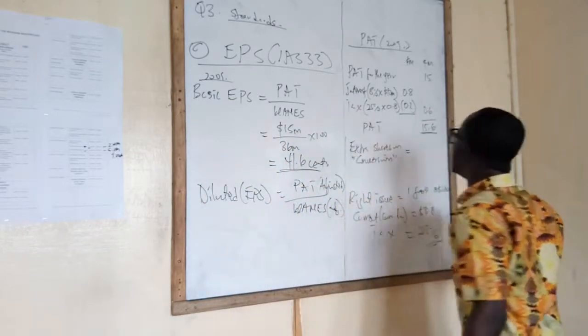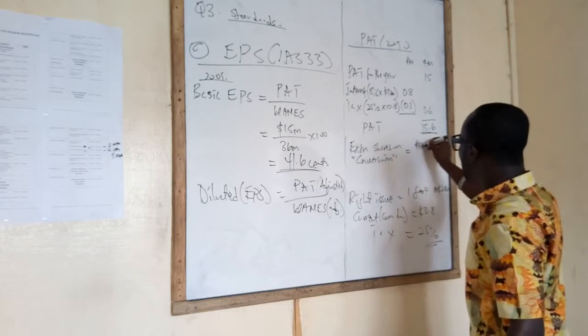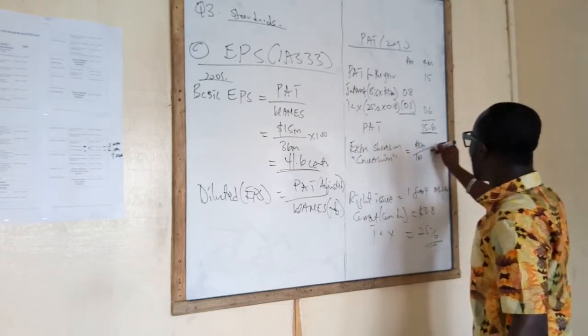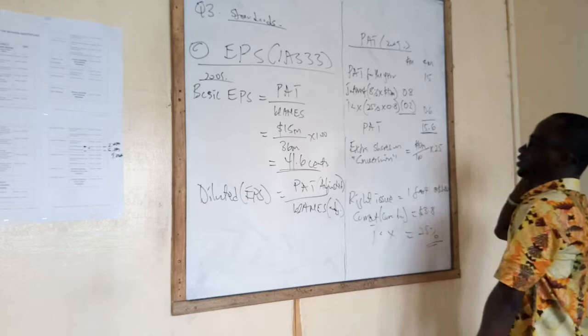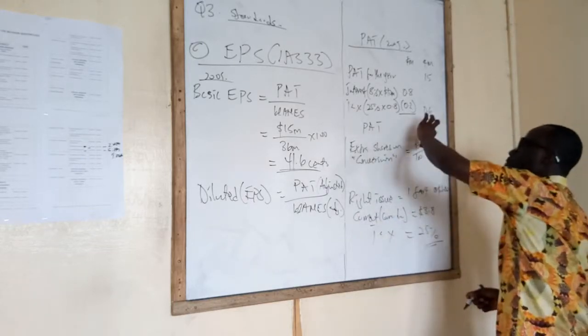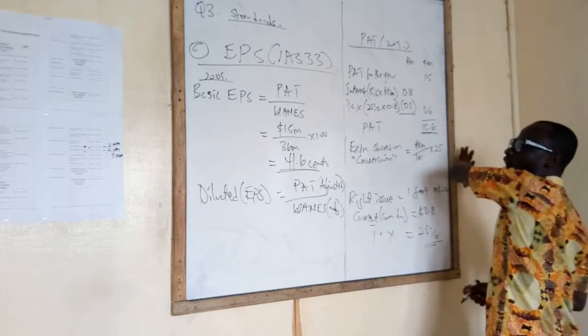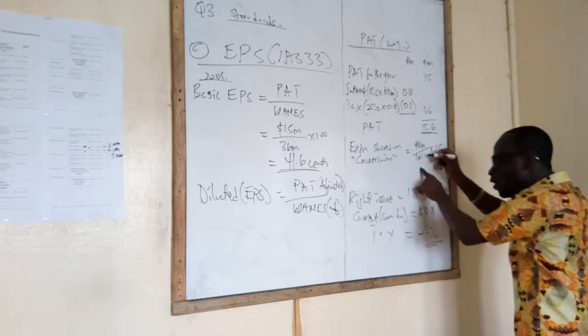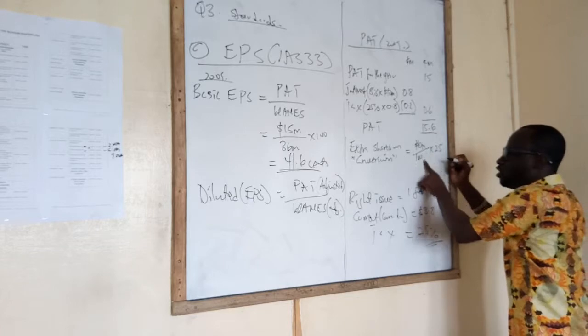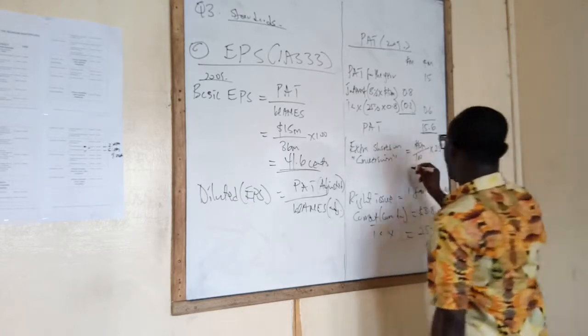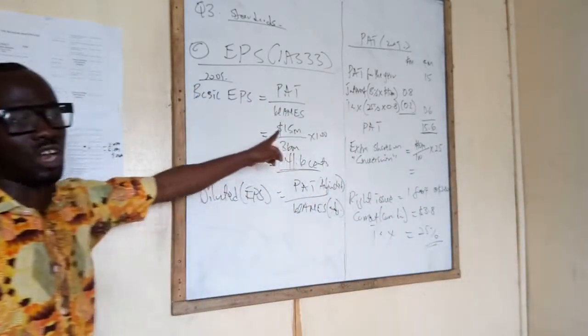The nominal value is 10 million. So 10 million over 100 times what? 25 shares. Please, punch the whole 10 million and divide it by 100 and multiply it by the 25. We are working in millions, so we divide by just 100. I hope you are getting it. That's how we get the extra shares.